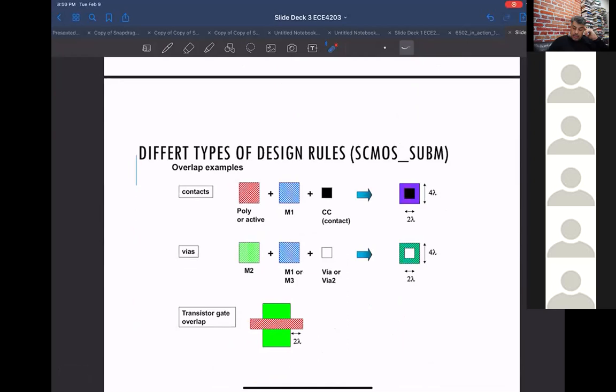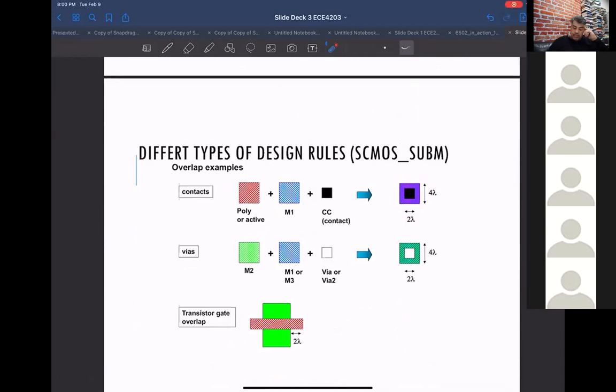And let's see what I want to say. These are overlap rules. Okay, so there's a minimum size of contact rule. So again, this is 2 lambda here. And then there's a minimum overlap. So the size of either the poly or the metal overlapping a contact, that minimum size is 4 lambda, and it needs to get centered on the contact.